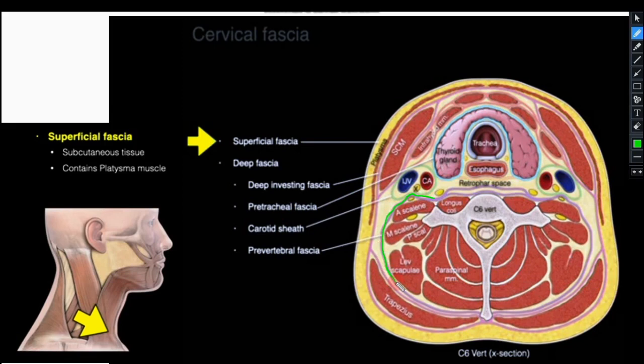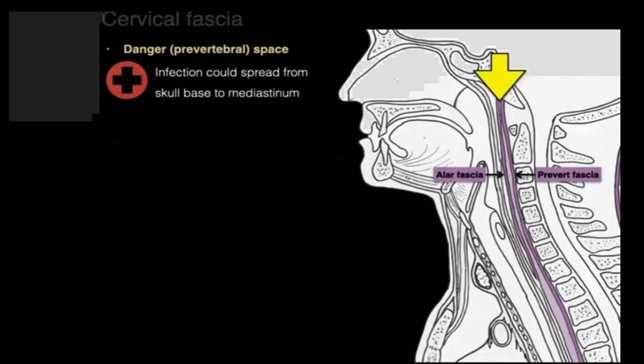This is the prevertebral fascia, and understanding these different fascias is important because it helps in understanding the clinical anatomy related to the spread of infection and carcinoma, as well as different surgeries.